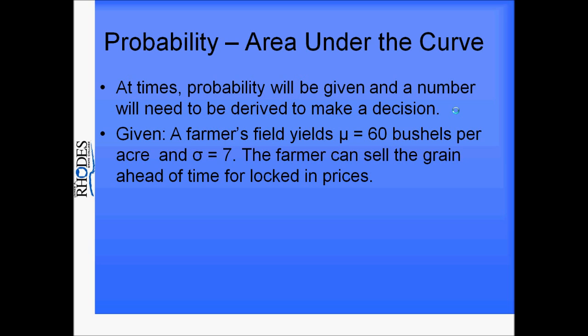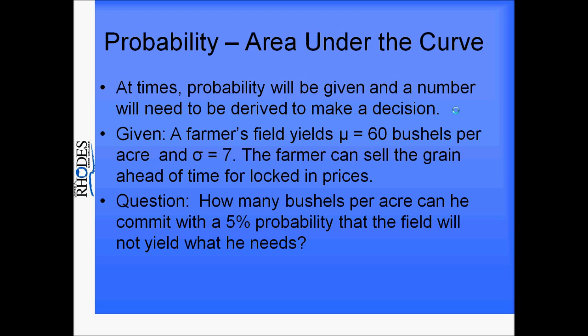And the thing about a farmer is they can lock in or sell grain ahead of time at certain prices if they lock in and commit to those prices. So why not use statistics to figure out what's the right thing to lock in at, or how many bushels per acre should they commit to the elevator at that price.